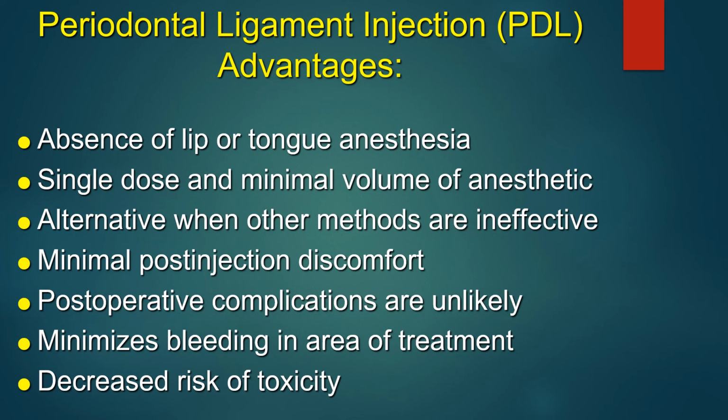So it is a great alternative when other methods are ineffective. There's minimal post-injection discomfort. They're not sore like you are with a traditional injection. Post-op complications are highly unlikely. It minimizes bleeding in the area of treatment, and of course there's a decreased risk of toxicity because you're using so little.